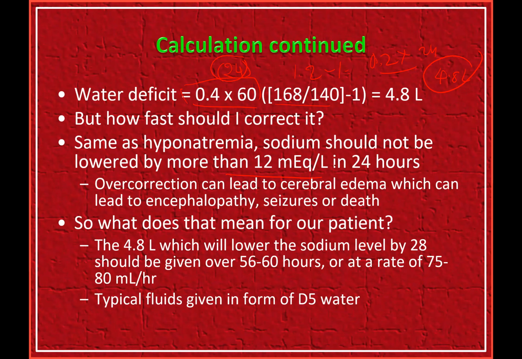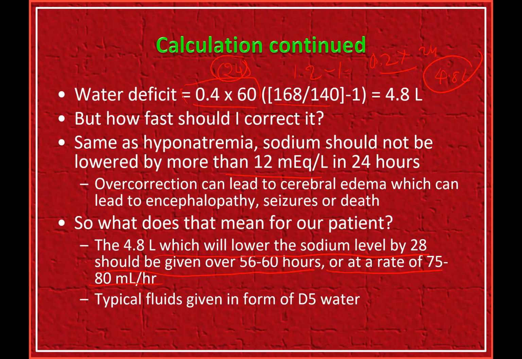Expected sodium is 140. Present sodium is 168. 168 divided by 140 is 1.2. That minus 1 is 0.2. 0.2 multiplied by the current body water, 24, is 4.8 liters. This 4.8 liters will lower the sodium by 28, and should be given over 50 to 60 hours.